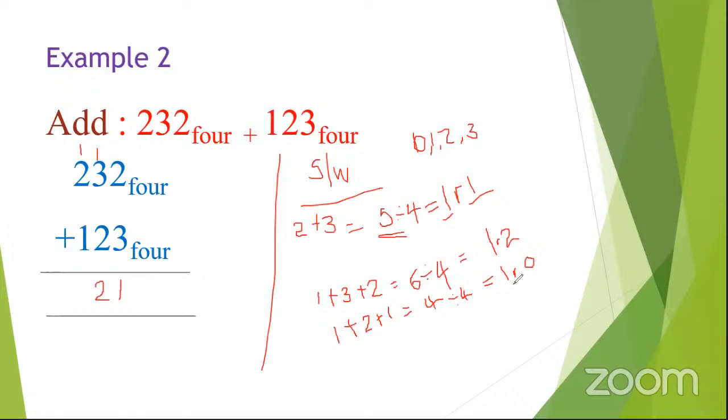So the remainder, 0, is written as the answer, and the whole number is regrouped in the next place value. Under the next place value there is no other digit, so we shall have 1 plus 0, which will give you 0 base 4.